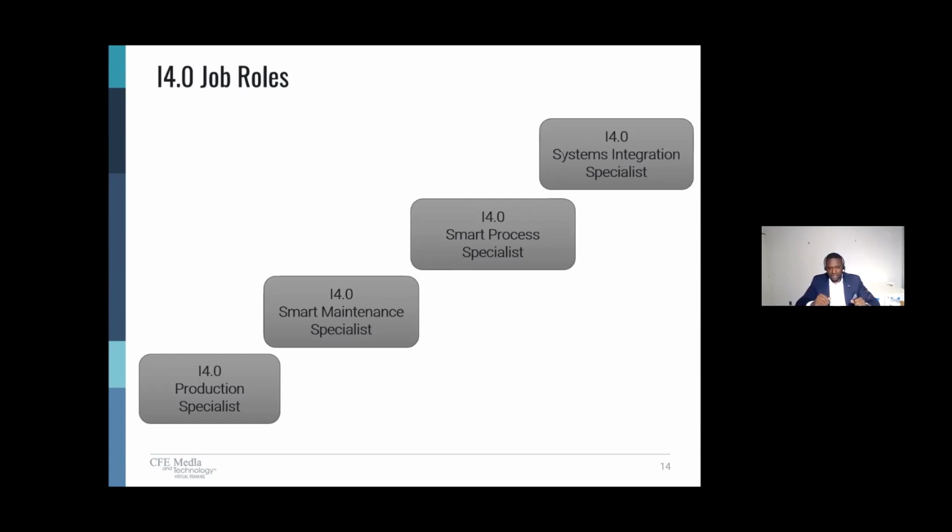The red light's on. Well, if the system integrator does his job right, that system should be speaking to the production specialist and anticipating when there's a red light. So now the production specialist has the ability to run several lines and use his brain for things that the machinery just can't do. So it's beyond any repetitive task being given to a robot.